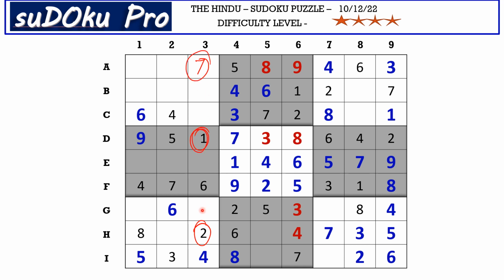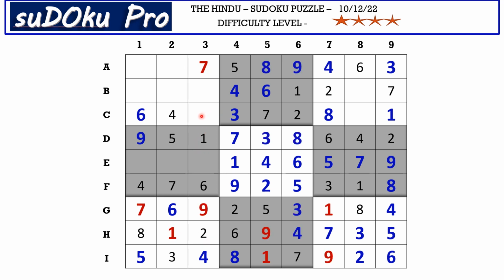So G3 takes 9. Now we know that we miss 1 and 9 here. So this 9 blocks here. So G7 takes 1 and I7 takes 9. I5 takes 1 and H5 takes 9. Here H2 takes 1 and G1 takes 7.